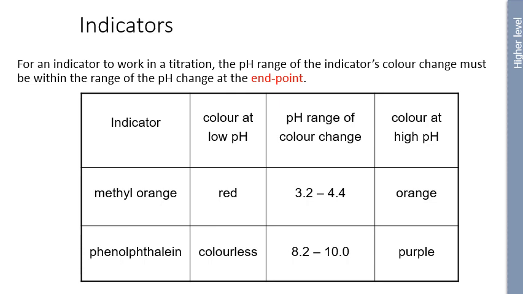The pH range of its color change is higher, in the more alkaline area of 8.2 to 10, where the color changes to purple. This is why methyl orange is great for strong acid titrations and phenolphthalein is great for strong base titrations, because you consider where the color change occurs and what the pH range is.